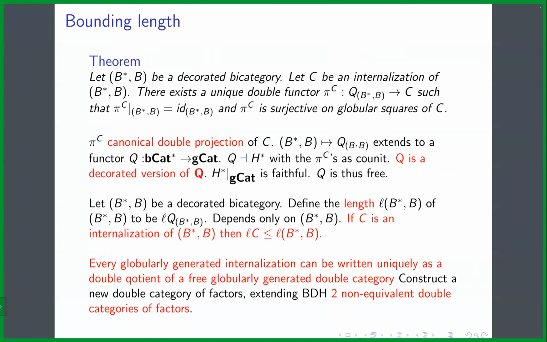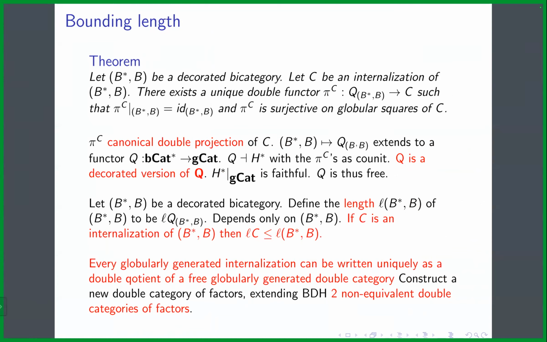So actually, with this construction, with the canonical double projection, we were able to construct a new double category of factors. We started with the decorated bicategory of factors, then we proved that that was saturated, so the free globularly generated double category of that was an internalization.